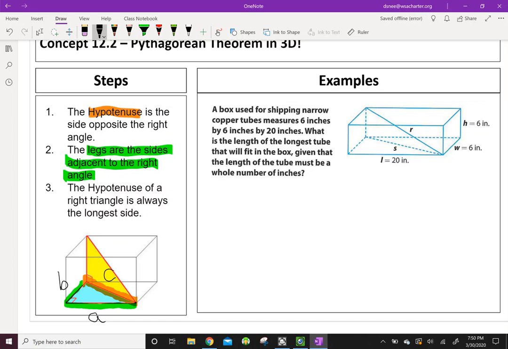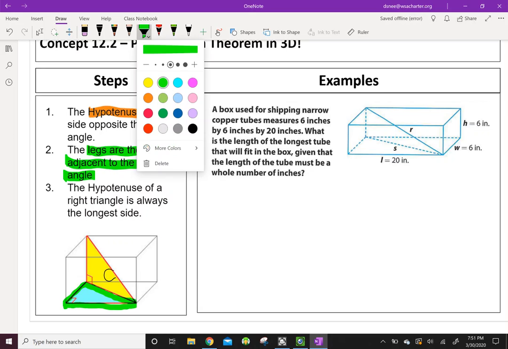So now we can use that information and apply that to finding diagonals inside of these rectangles or squares. So we've got two triangles down here in the bottom left, right? I'm going to do one green triangle right here, okay?